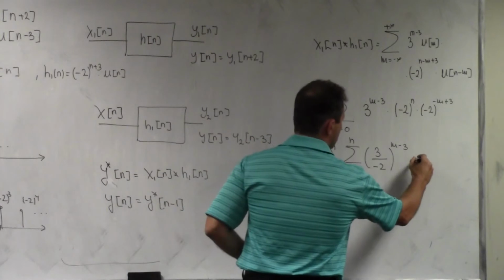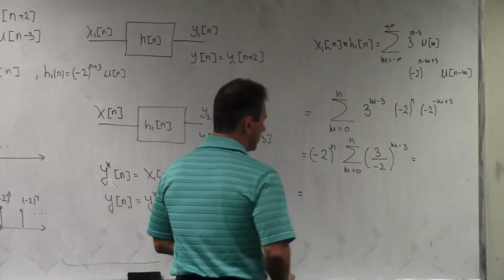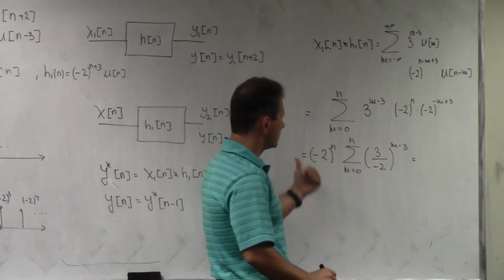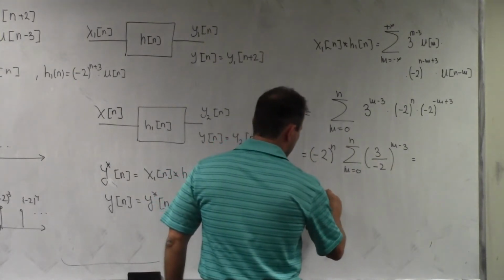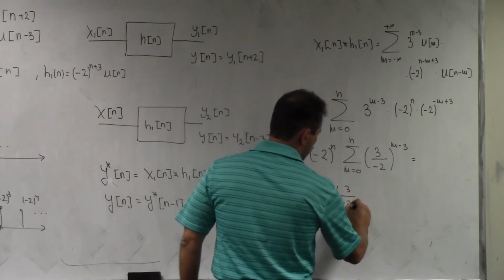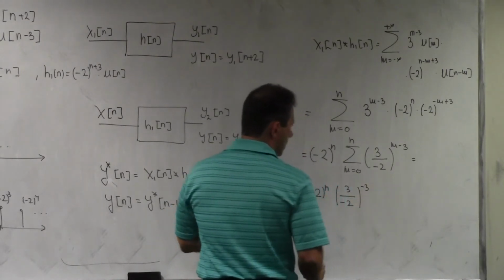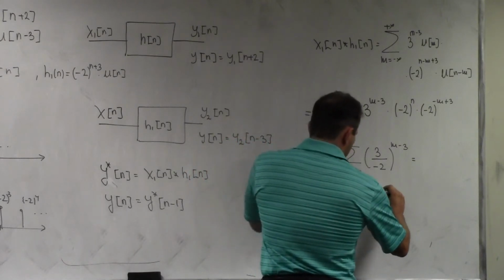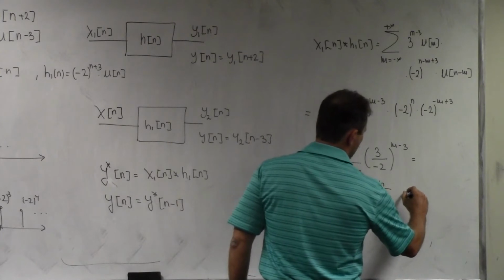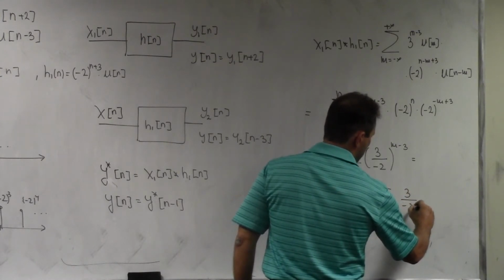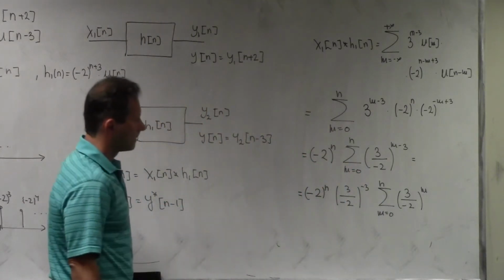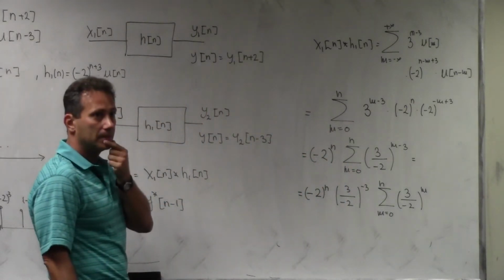And this one is easy to sum. What I'm going to do is take 3 over minus 2 to the minus 3 outside. So this becomes minus 2 to the n times 3 over minus 2 to the minus 3, and then the sum, m goes from 0 to n, of 3 over minus 2 to the m. Right?